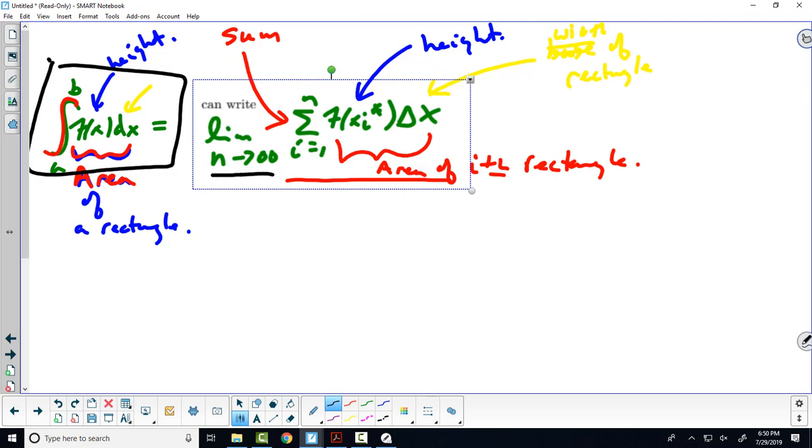Because n went to infinity, the number of rectangles went to infinity, so what happened to the widths of those rectangles? They became arbitrarily small. And where does a and b show up in the original formulation of this? It shows up by the fact that really delta x is b minus a over n. So all the components are there.